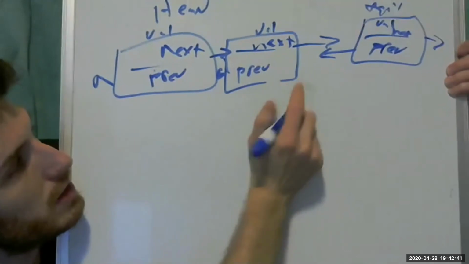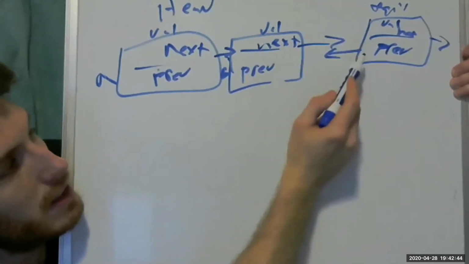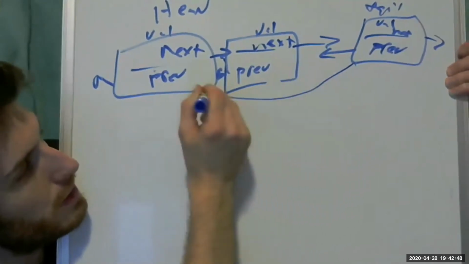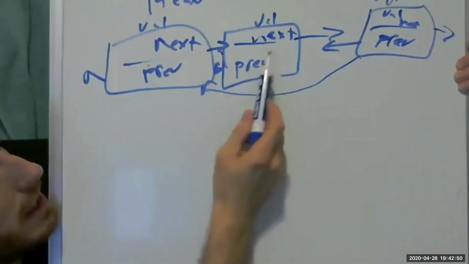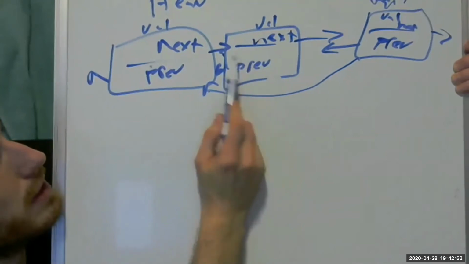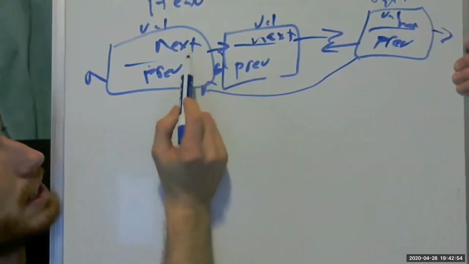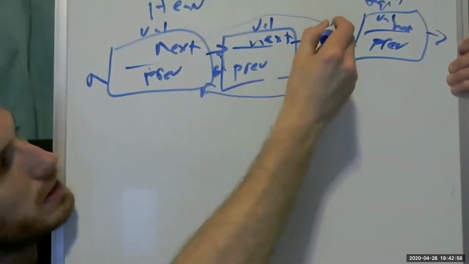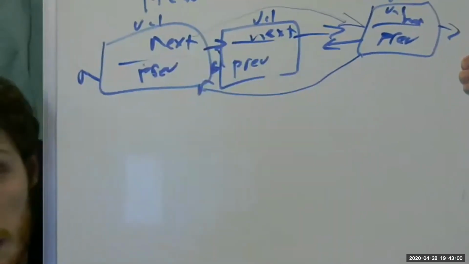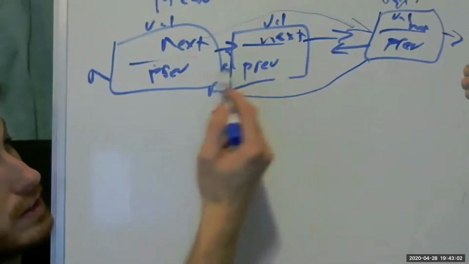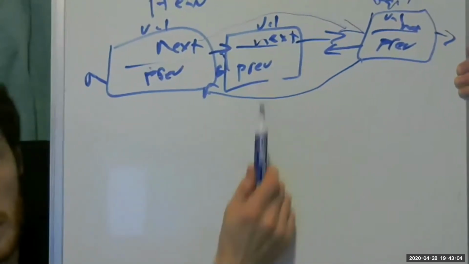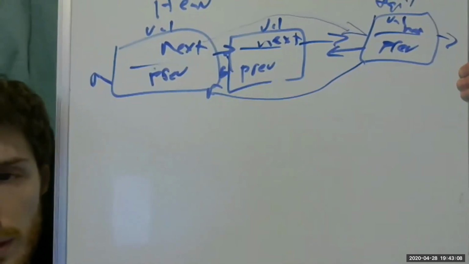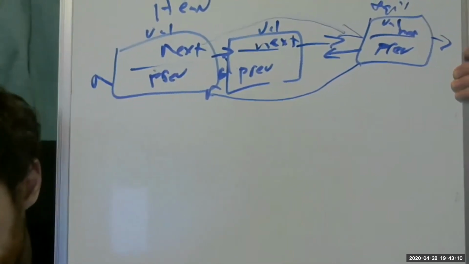If I want to delete this node, I look at its next node, and I assign its previous to be my current node's previous. And then I look at its previous, which is here, and I assign its next node to be what that node's original next node was. So now these nodes can point to each other and just circumvent this node, and it will get garbage collected in memory because nobody's referring to this node. This node no longer matters.